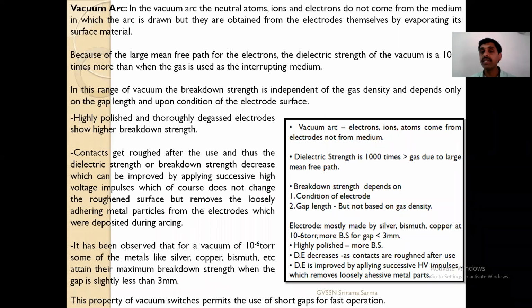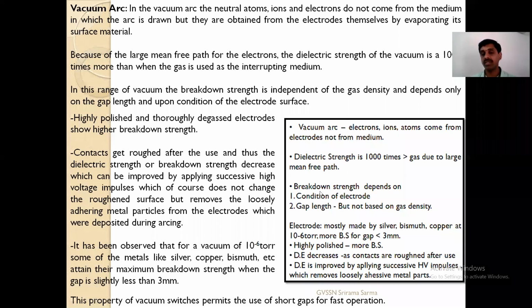Because of the large mean free path for electrons, as I said, the electric strength of the vacuum is 1000 times more than the gas. So the breakdown strength depends upon the condition of the electrode and the gap length, but not on the gas density. Here it is a vacuum.